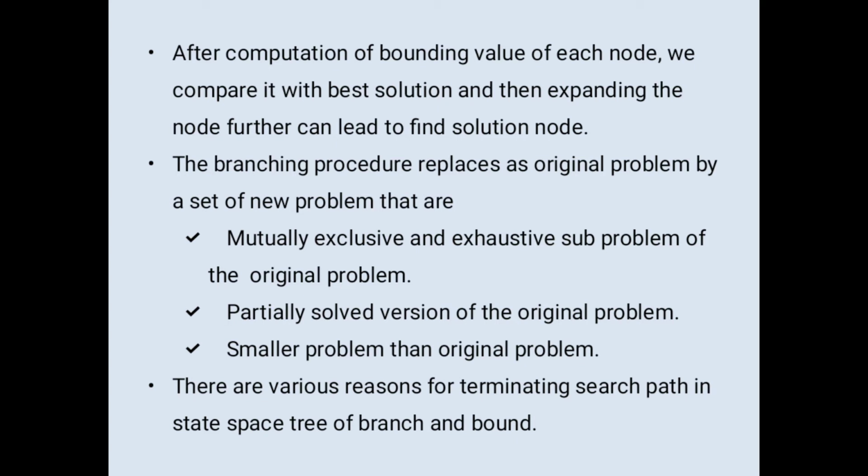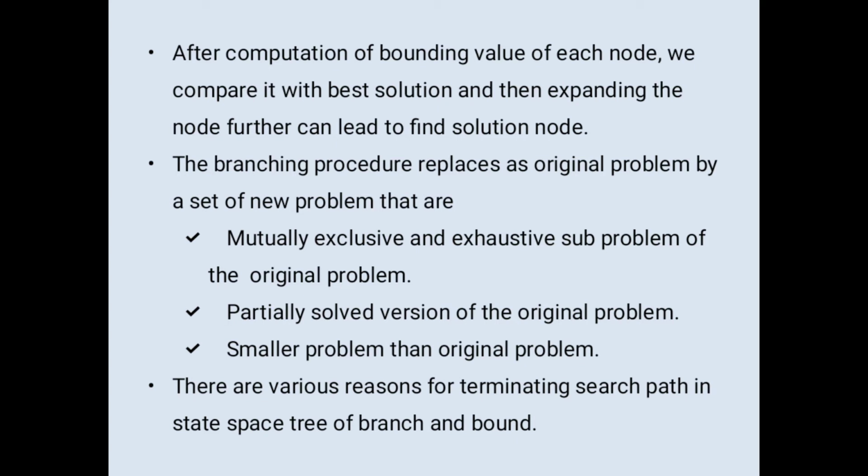If it is partially solved, these are new versions of the original problem, smaller than the original problem. The subproblems may be partially solved or not, and each is a smaller problem than the original.